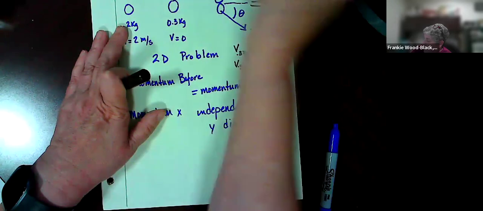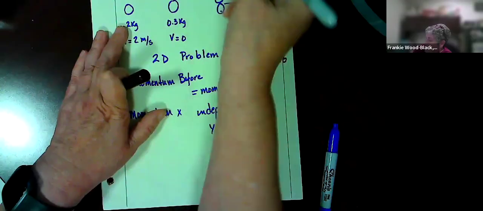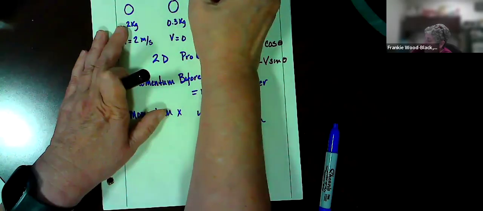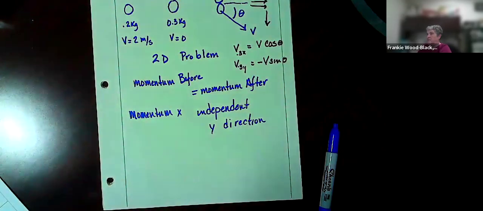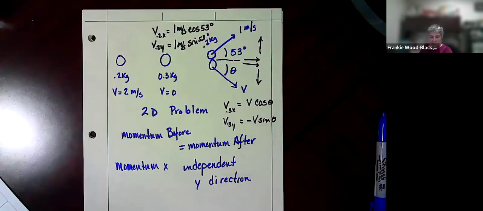For this one, v2 x is going to be 1 meter per second cosine of 53 degrees, and v2 y is going to be 1 meter per second sine of 53 degrees. So we can break it up into our two components.